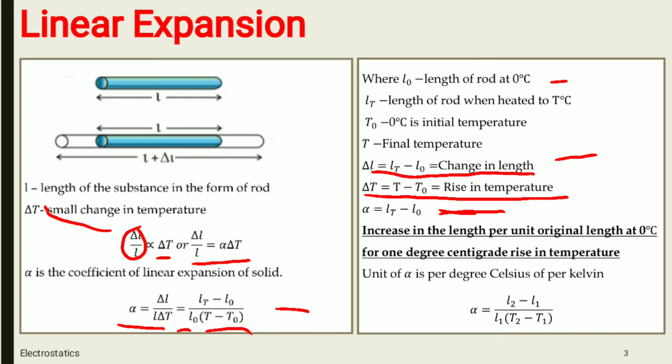Now if you are considering a solid, and there is a smaller change in temperature, then there will not be much change in the dimension of the solid. So instead of considering the initial temperature as 0 degrees Celsius, we can consider any temperature, and if we increase the temperature up to T, the final temperature, then the solid will expand to a measurable length.